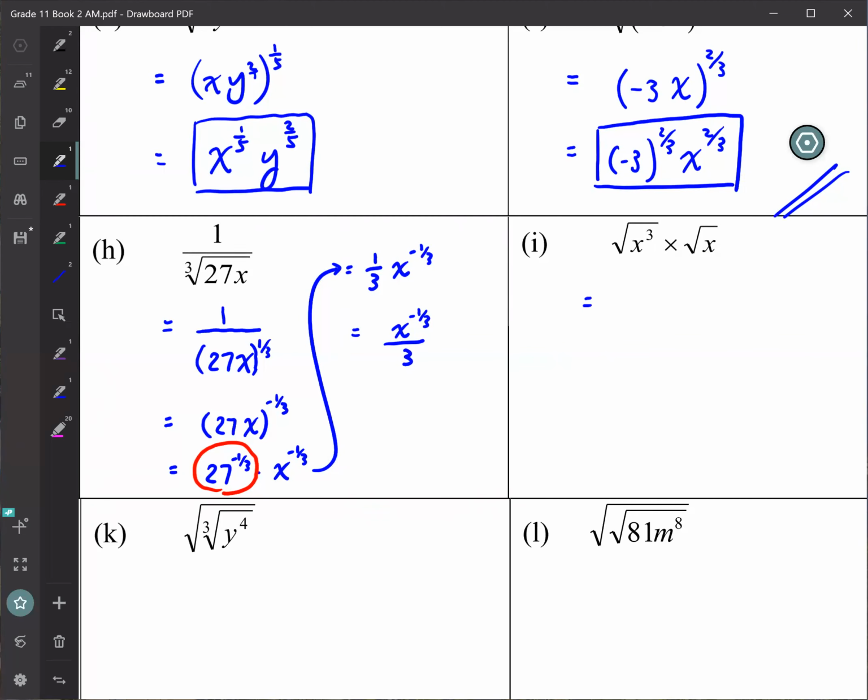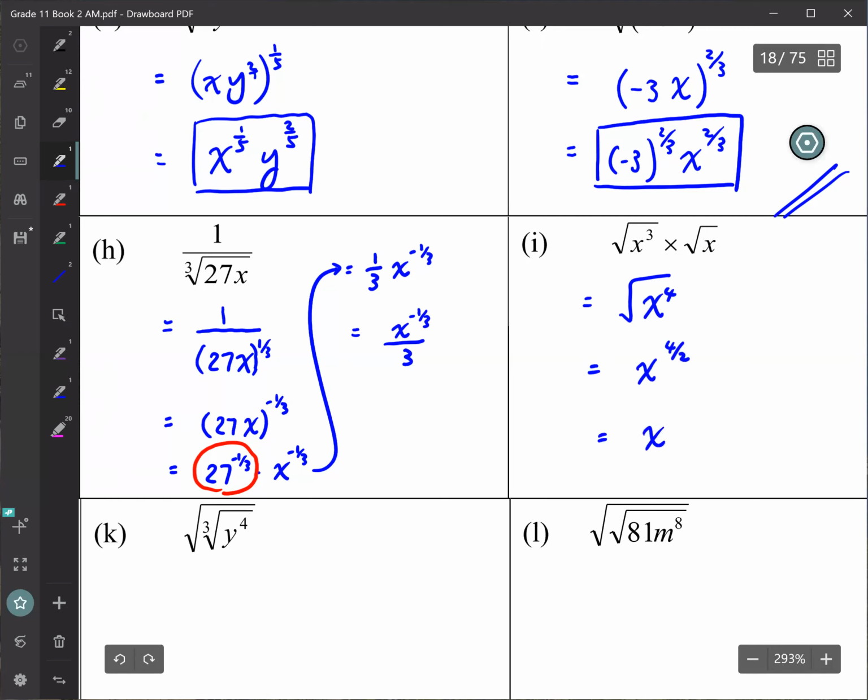Oh, so you want to multiply the inside first? Yeah. Okay. And then? And then you rewrite it as exponent, so it's like x to the power of 4 over 2. So it's like x to the power of 2. Okay, very good. x to the power of 2.